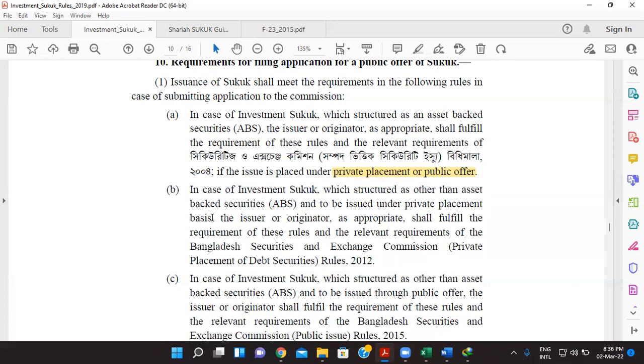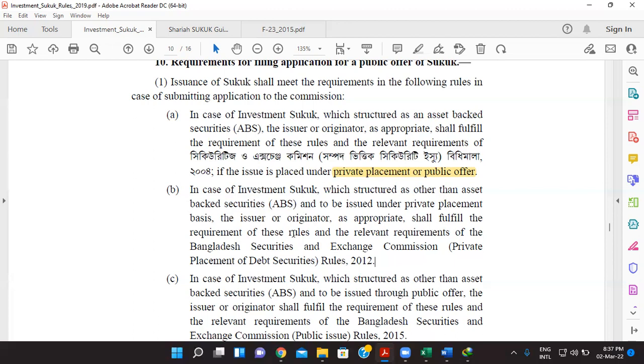I mean, if these conditions are followed, the issuer or originator shall fulfill the requirements of these rules and the relevant requirements of the Bangladesh Securities and Exchange Commission Private Placement of Debt Securities Rule 2012. So what has been said? If the Sukuk security is asset-based security, there is another type of Sukuk security other than asset-backed and asset-based. Okay, you should look at that part also.